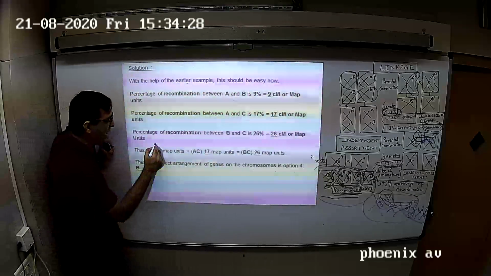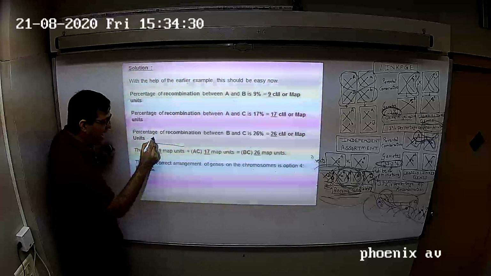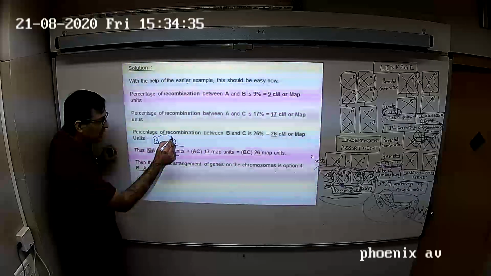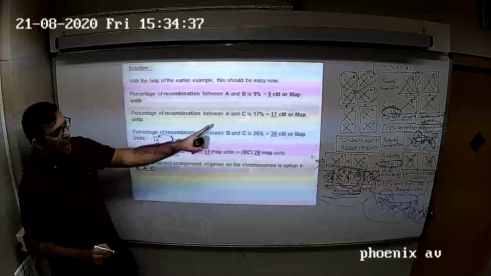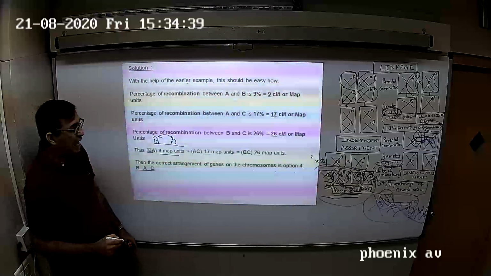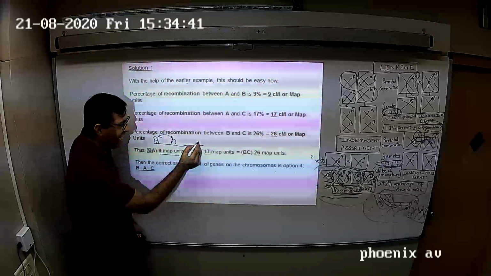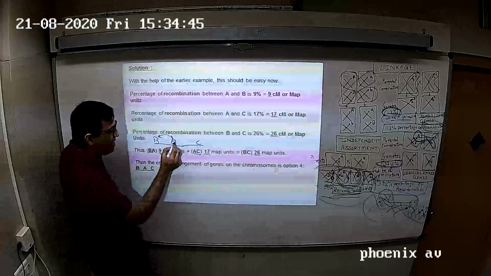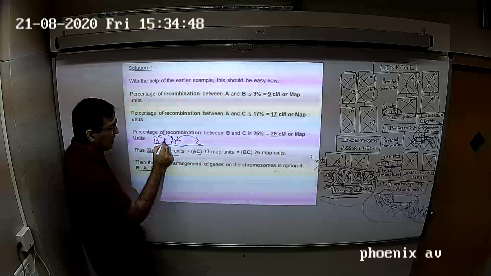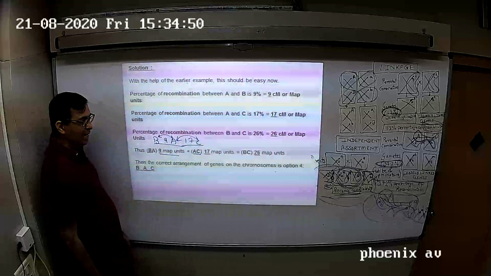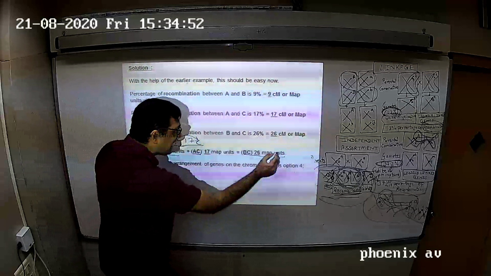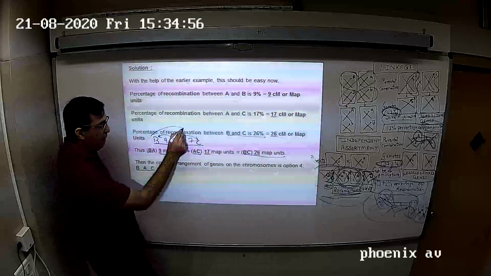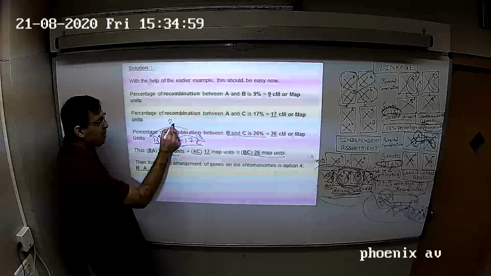Hence, between B and A it is 9 map units. Between A and C it is 17 map units. So this is 9, this is 17, and between B and C it is 26 map units.